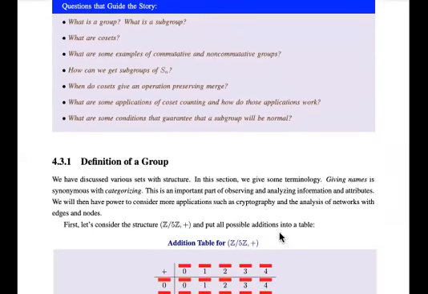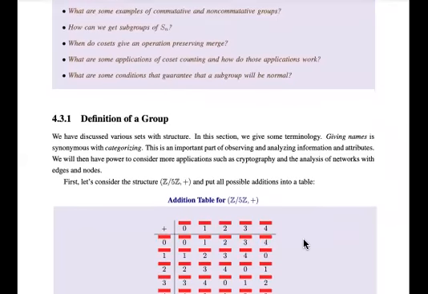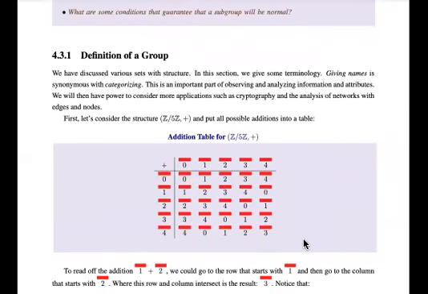It's a set with an operation on it, such as addition, that follows certain rules or properties. For instance, let's take mod 5 arithmetic. So these are five chunks right here, and we can add them together and we get other chunks.